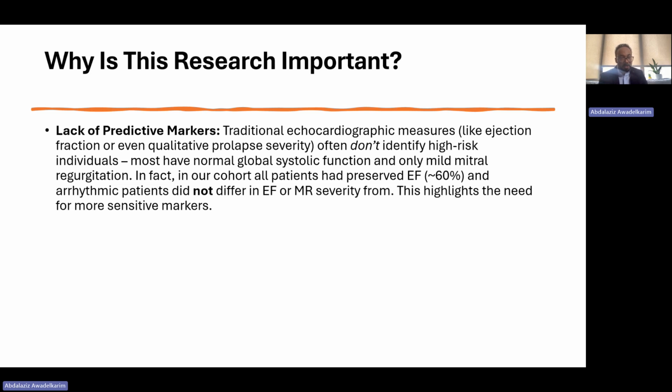Many of the standard echocardiography metrics, such as ejection fraction, the severity of mitral regurgitation, the type of mitral valve prolapse, or even the age of the patient, did not show in previous research any difference between people who get sudden cardiac death and people who don't.